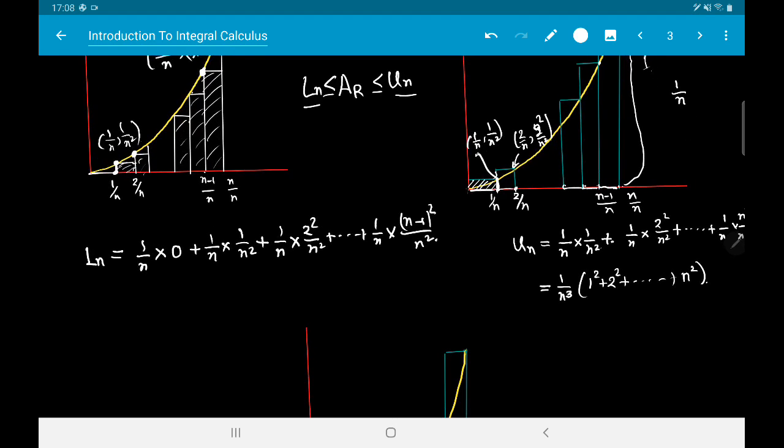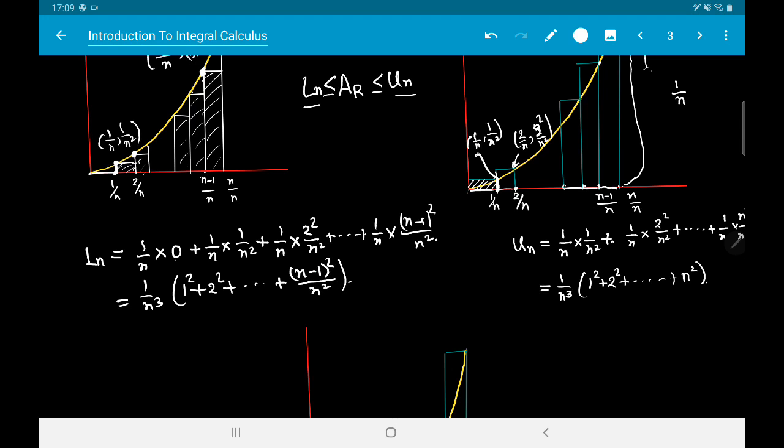Writing this expression in a nicer form, this is 1 by n cubed times: the first term is 0, does not contribute anything, so 1 square plus 2 square plus, and this sum goes up to n minus 1 whole square.